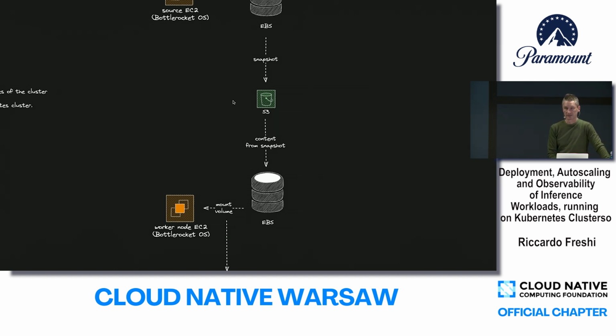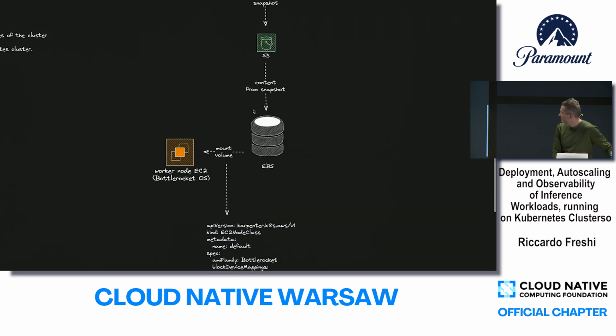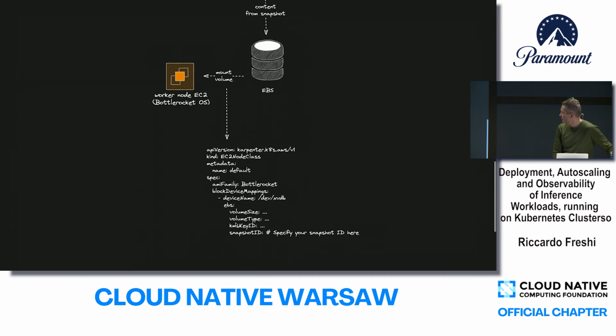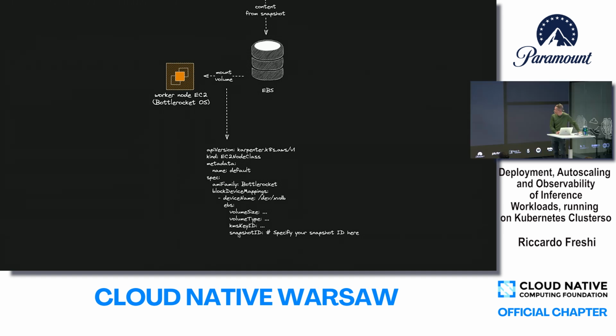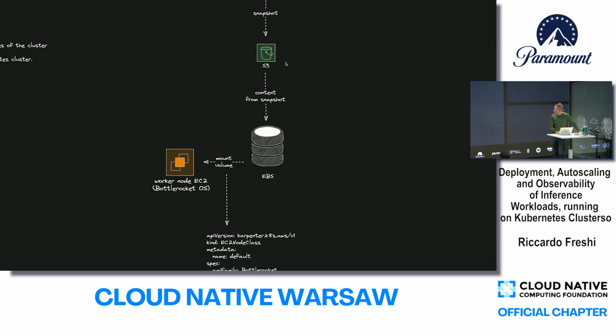And then when you need to launch a cluster, to create a cluster, that is done offline, by the way. It's not part of your deployment up to here. When you need to create your cluster, through this configuration, for example, through the node class that Karpenter would use, by selecting the snapshot ID in here, it will take the snapshot that you created and is now hosted in S3.